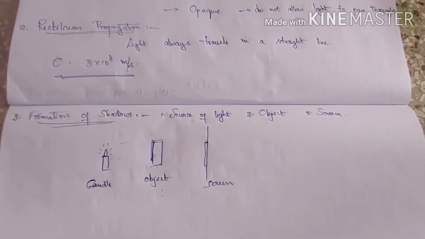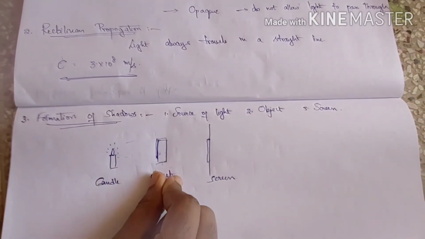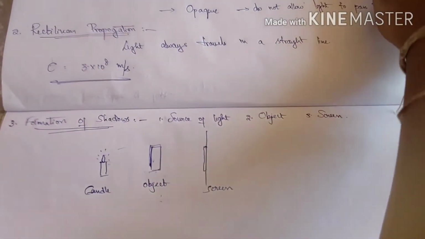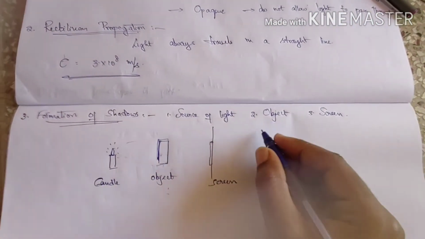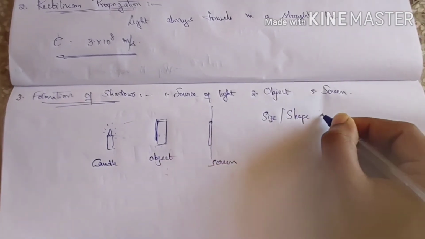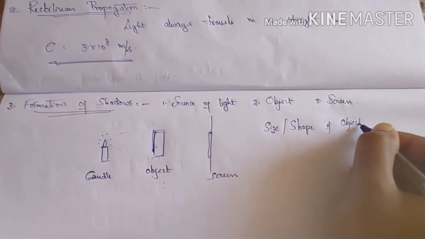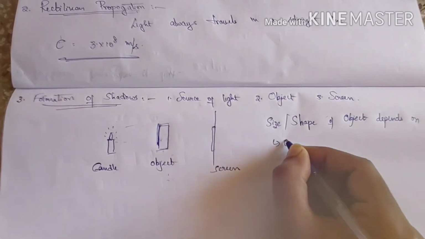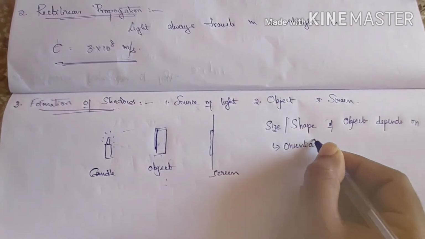We cannot say that the object we are keeping always forms the same size or the same shape; sometimes it varies, depending on the orientation of the object that we are keeping.